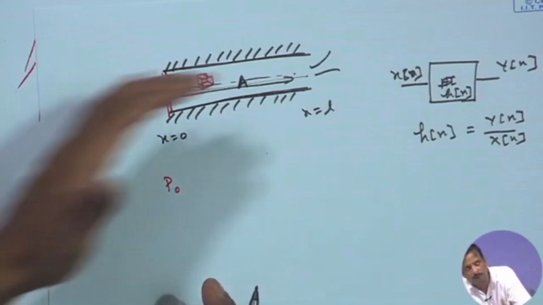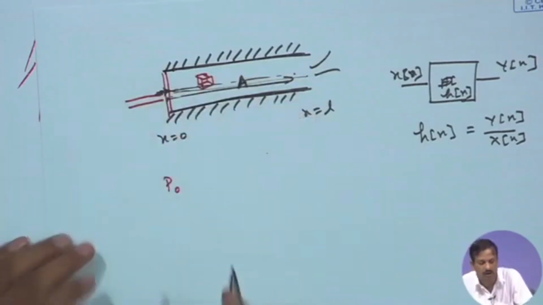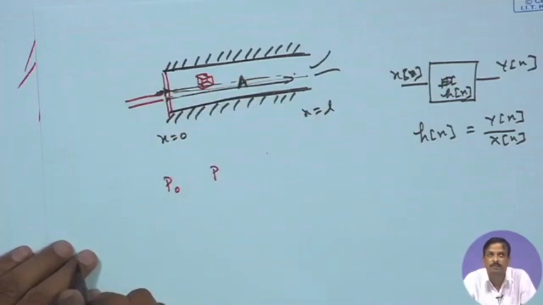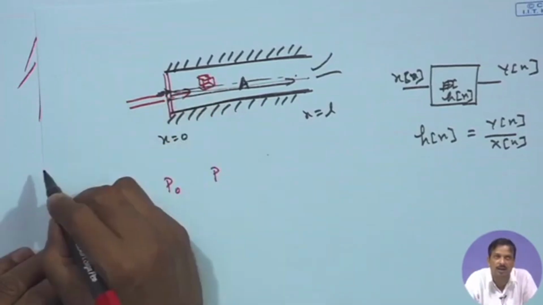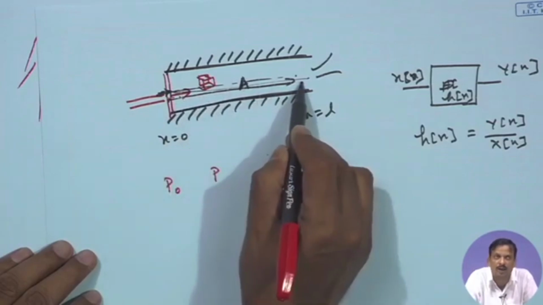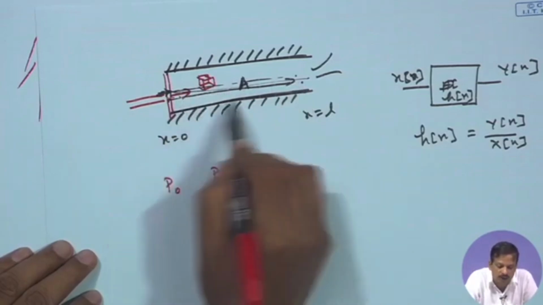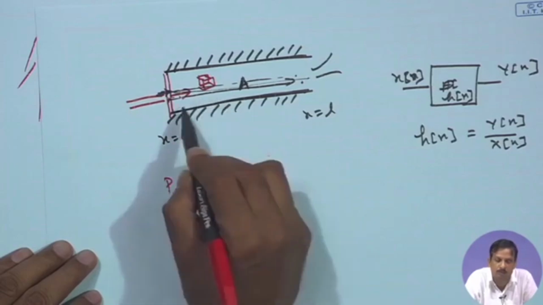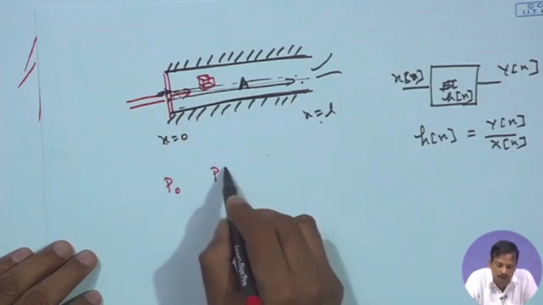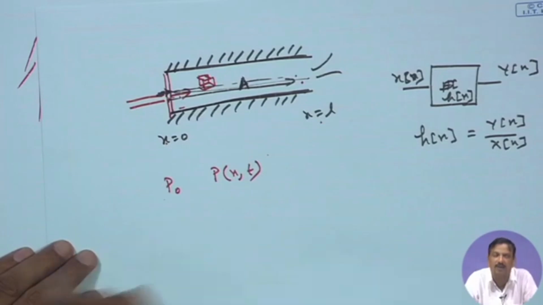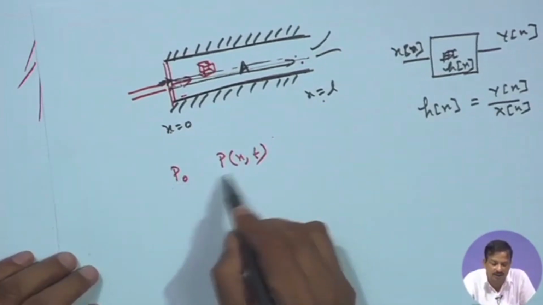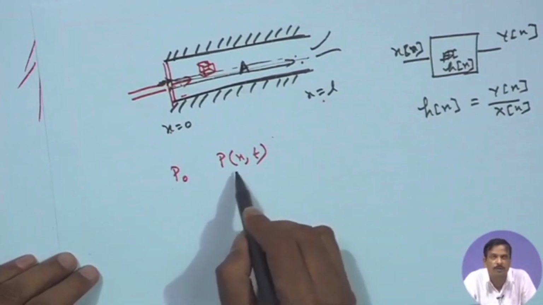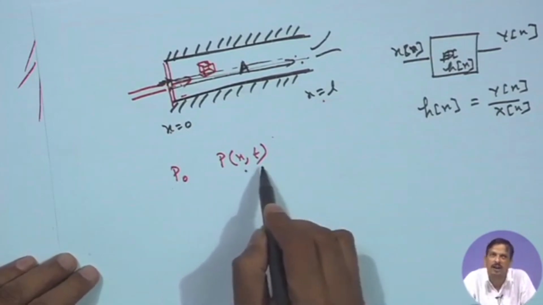Once the piston applies a force, then the pressure is P. So, the change in pressure is a function of the force the piston applies. How the pressure will propagate depends on the position x, from 0 to L. So, this depends on position and time. The pressure change is a function of position and time.